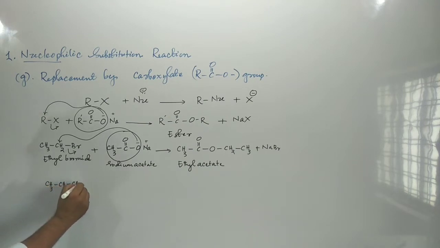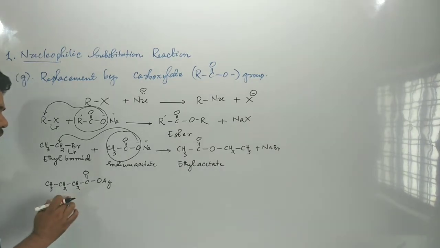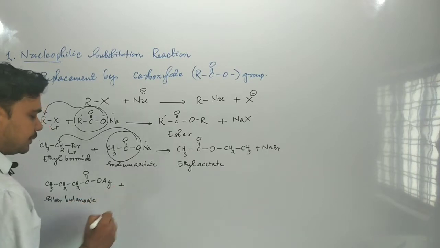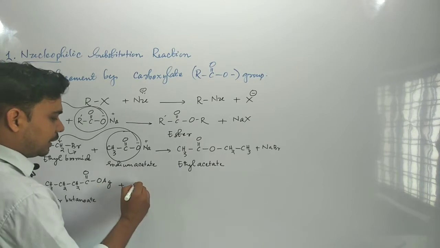Similarly, CH3CH2CH2 C double bond O OAg. Let me consider the silver salt of a carboxylic acid, butanoic acid. This is silver butanoate. Silver butanoate plus, let me take another example of an alkyl halide.